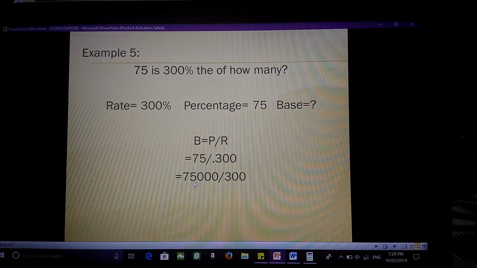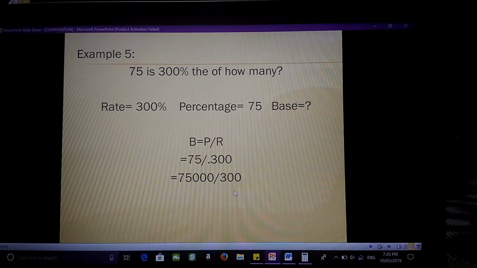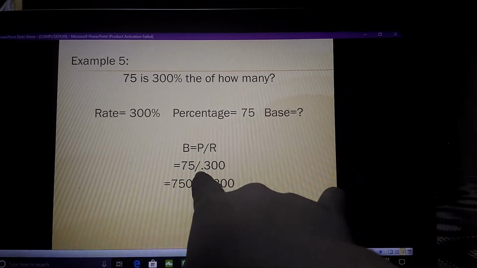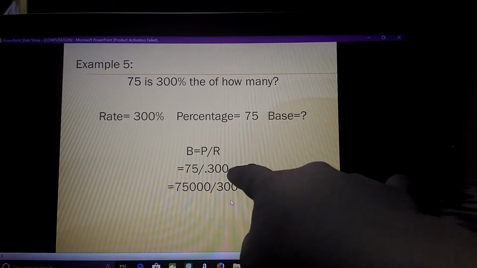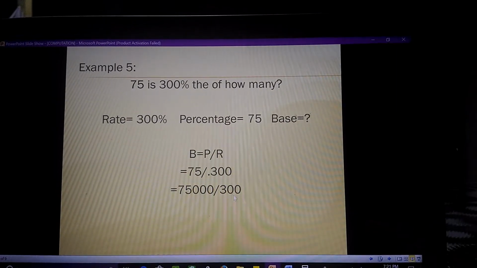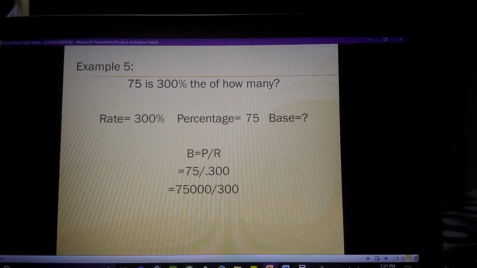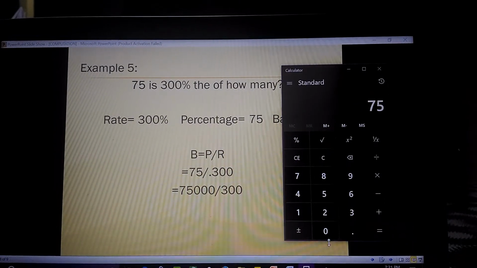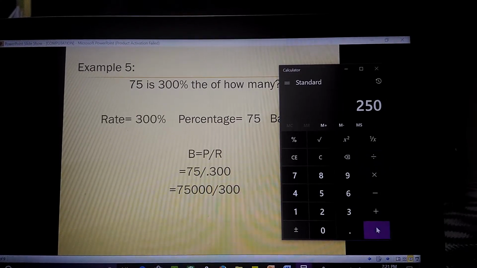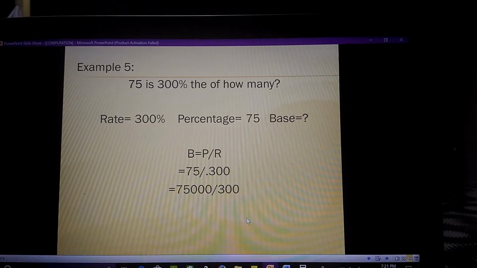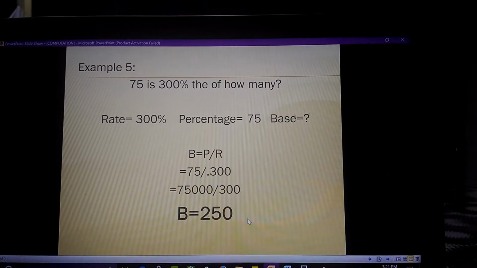So the 75 turned to 75,000. Why? Because we need to move this decimal to the end to make it fully 300. Then, we add 30. So, 75,000 divided by 300 is equal to 250. So, the base is 250.